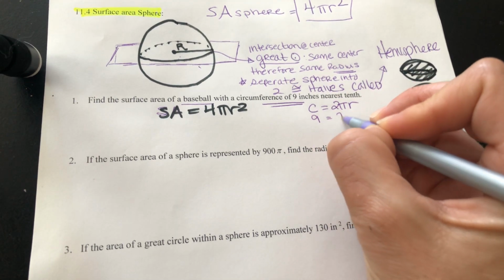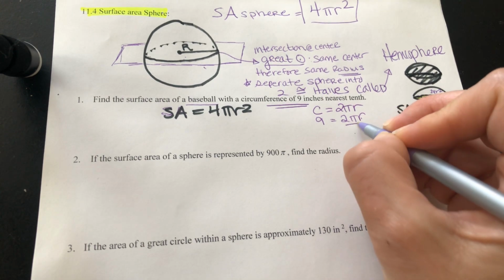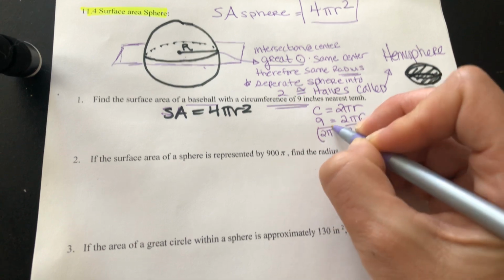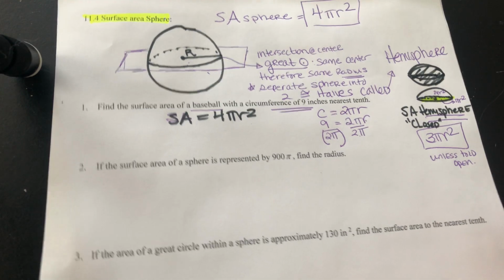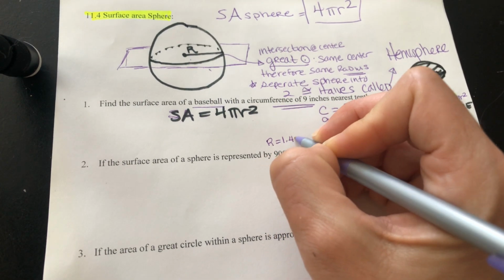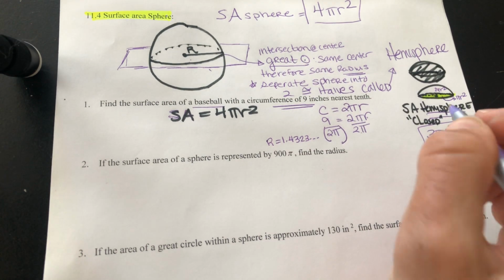If it's 9, you want the radius, so you divide by 2 pi. But be careful, when you're putting this in your calculator, you need parentheses. Otherwise, the calculator isn't going to calculate it correctly. And you should get your radius to be 1.4323 something.